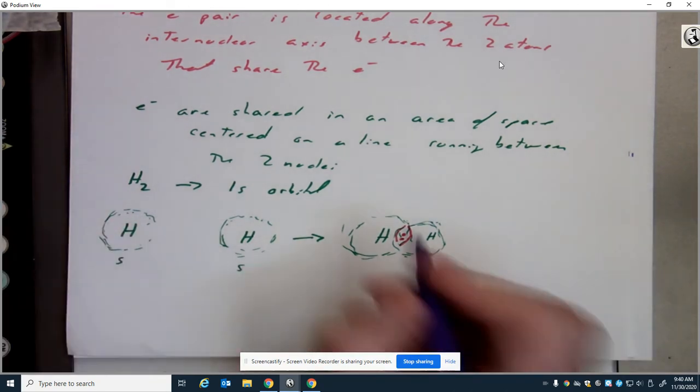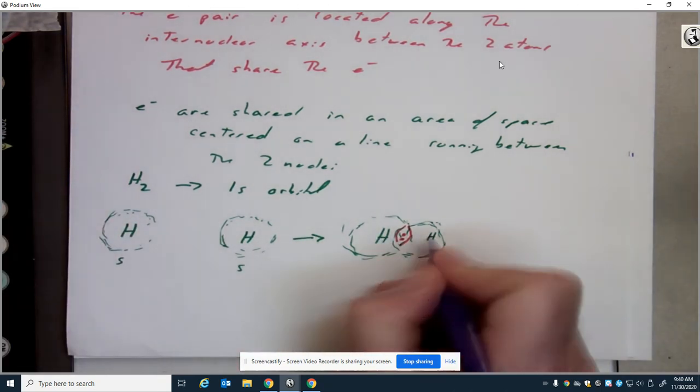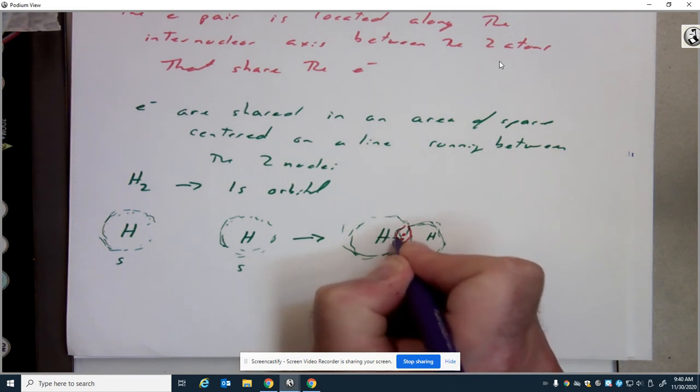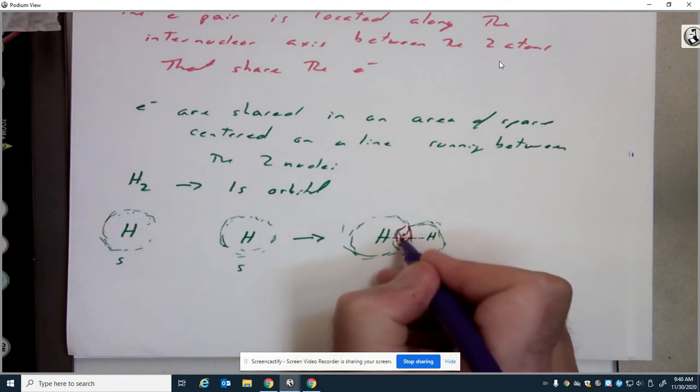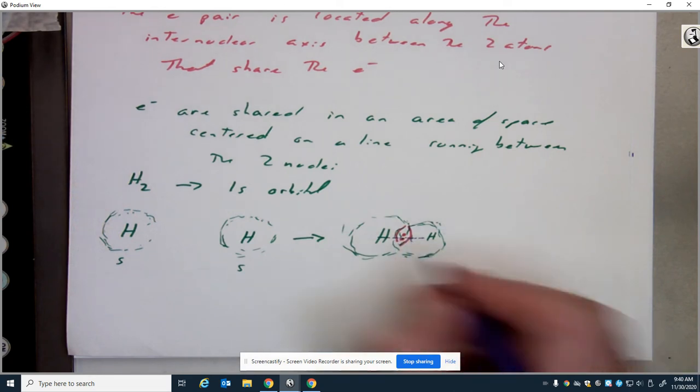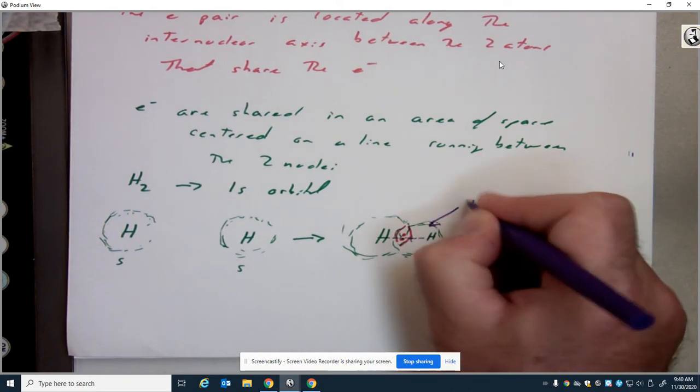So if this is the nucleus over here, this is the nucleus over here, if we draw a line between the nuclei, our two electrons are centered on that internuclear axis. Okay, so this right here is our internuclear axis.